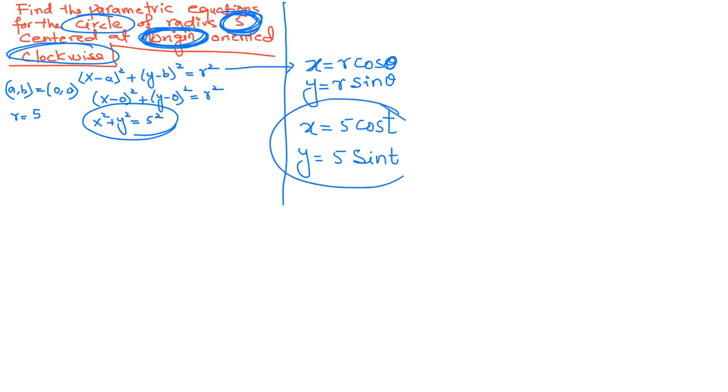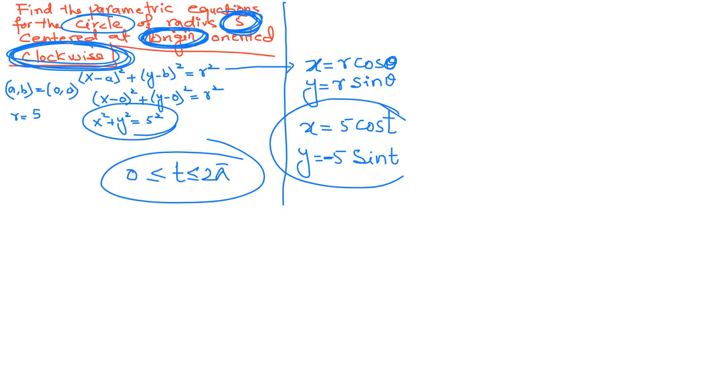Now the important part, we need a clockwise direction. By default the circle direction is anti-clockwise. When you take the opposite direction you need a negative sign, so I take a negative sign here. And what are the limits for t? T is between 0 and 2 pi, because this is the complete circle.